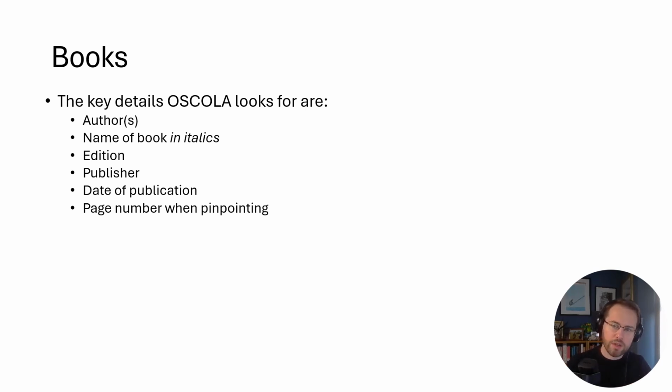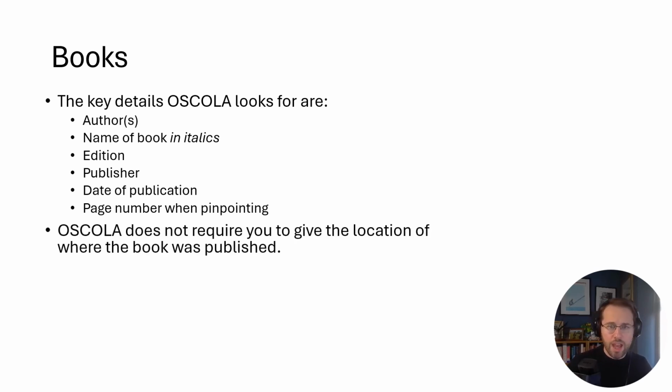And then we also look for a page number if you're pinpointing to a specific point in a book. Okay, and again, because we're lawyers, we're trying to be as accurate as possible in pinpointing the text that we're referring to. Ideally, you would be including page numbers.